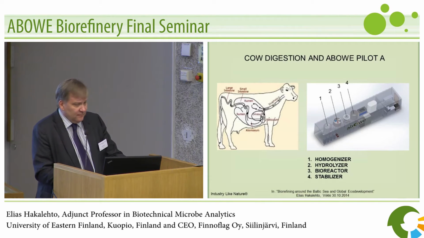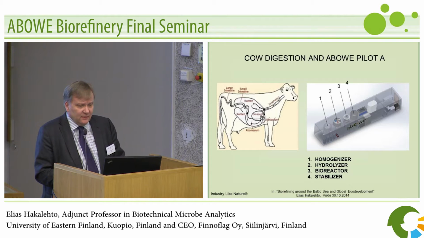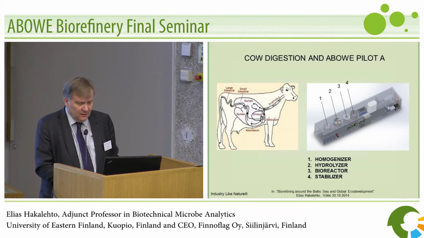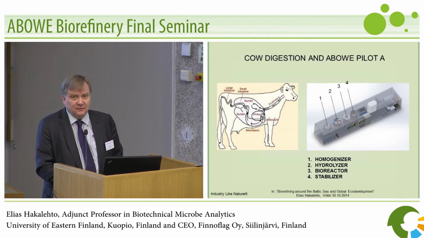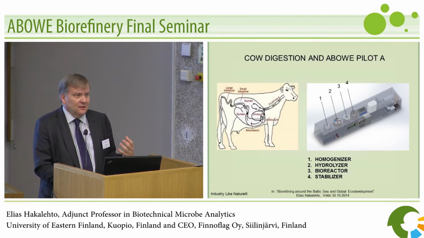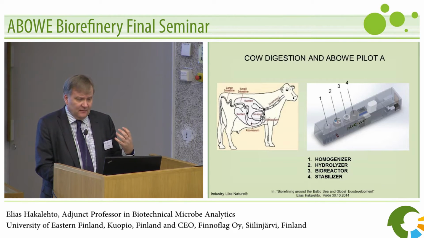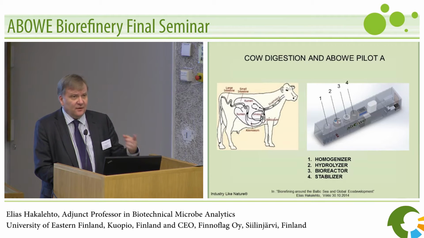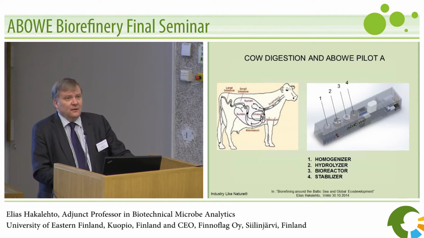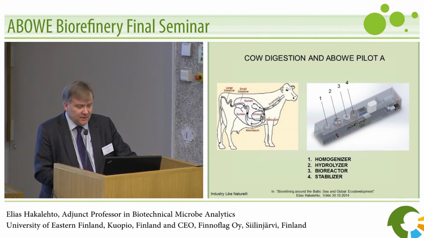It's possible to compare the pilot plant unit to digestion, and the digestion of a ruminant like a cow is a very good example of that. So the cow is chewing the grass and swallowing it, and there are the acids making the hydrolysis of the homogenized biomass, and then it is recycled for some time, and then the bacteria in the rumen are producing the organic acids and other substances.